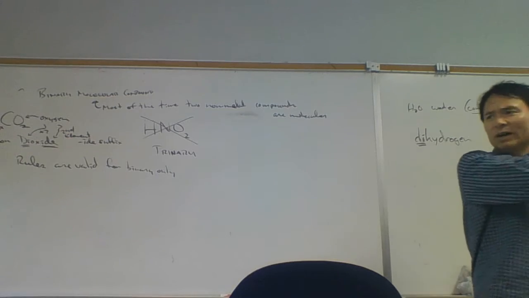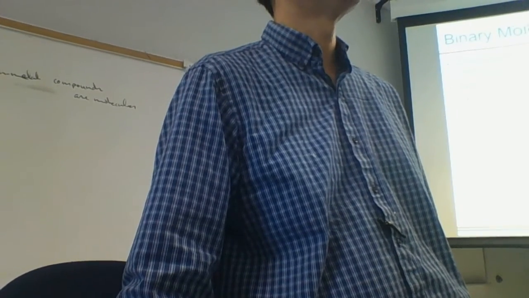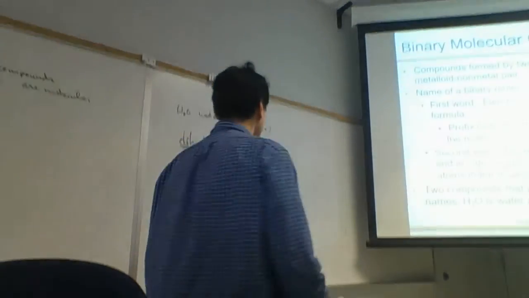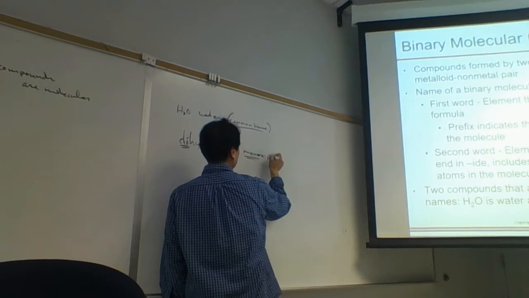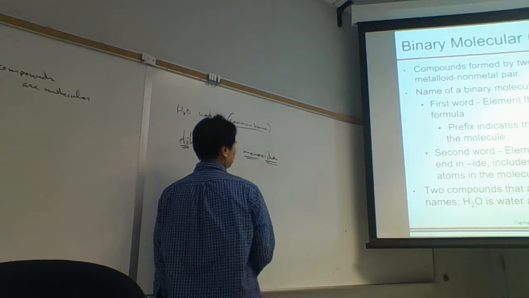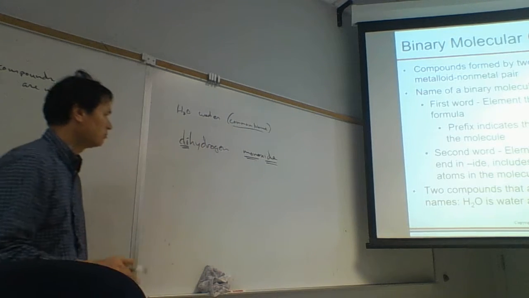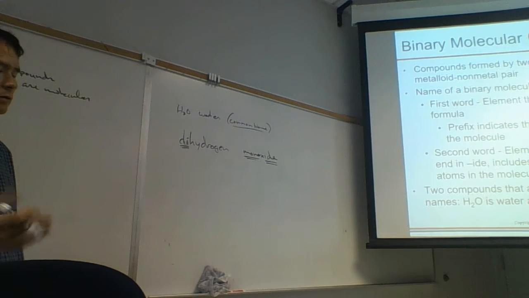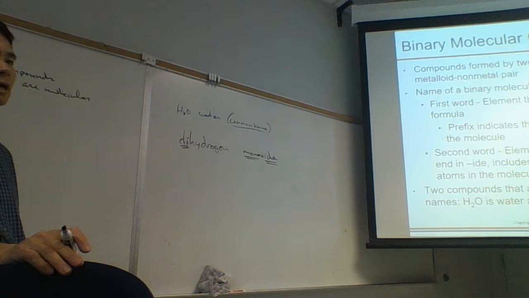What sounds better to the ear? Monooxide or monoxide? So what we're going to do is drop the double vowel here and just go monoxide. Oxygen's name has been modified quite a bit, just so it sounds better. So dihydrogen monoxide.